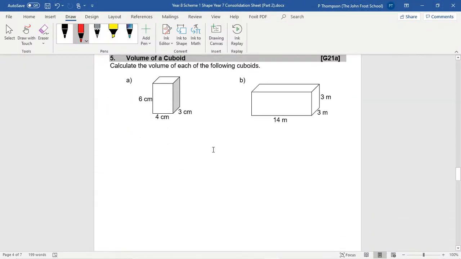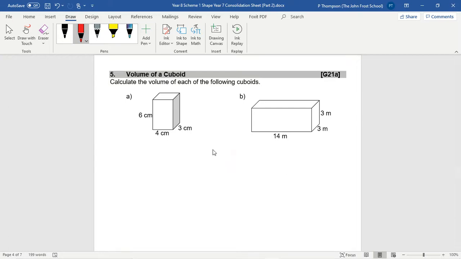Right, a cuboid's volume. Remember, a cuboid's volume, the formula is easy. Okay, it's just length times width times height. Okay, so for question 8, the volume is going to be, I'll call it V for volume.